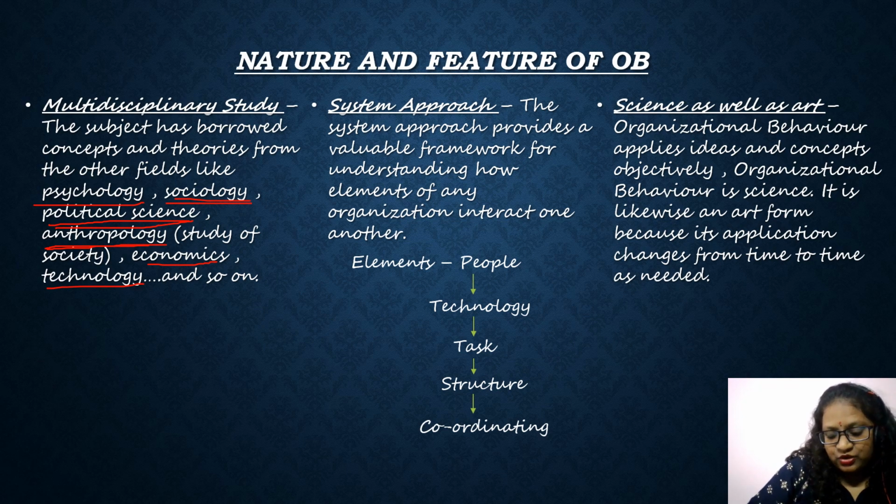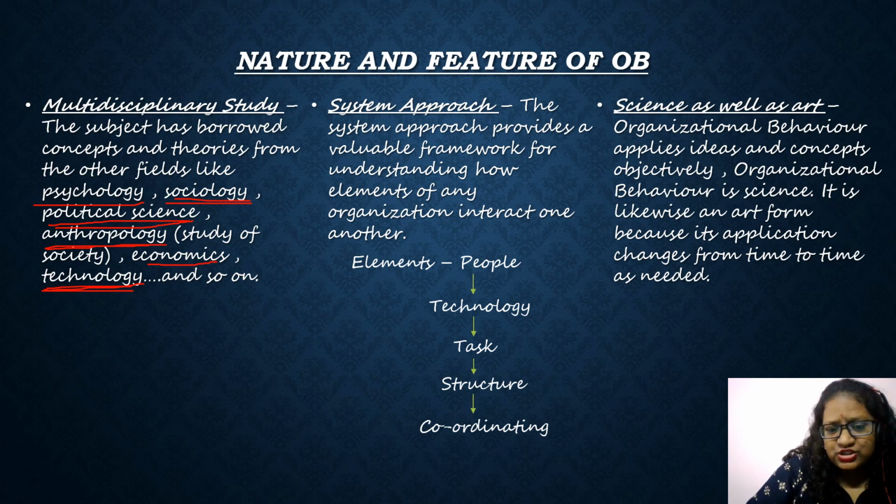There are certain terms and conditions which are restricted when it comes to a particular society, so an organization also has to take care of such things. That is anthropology. And next come economics and technology. These change from time to time, and it's important for an organization to make these changes as and when required.